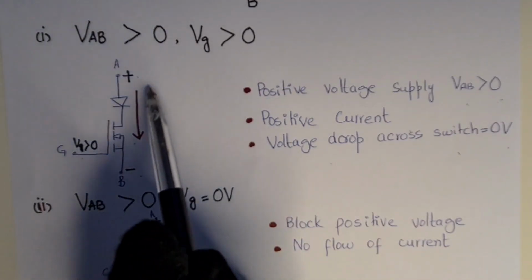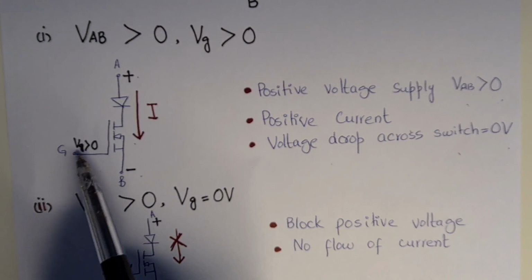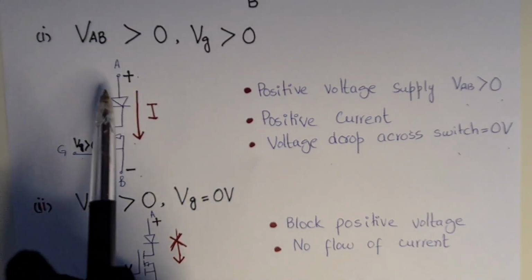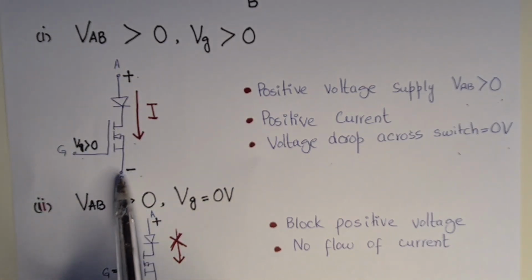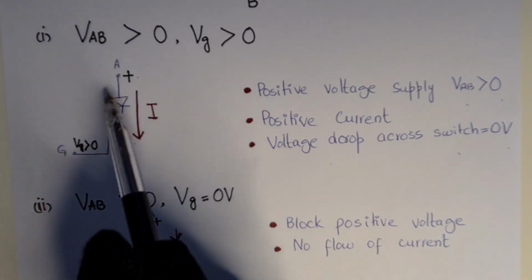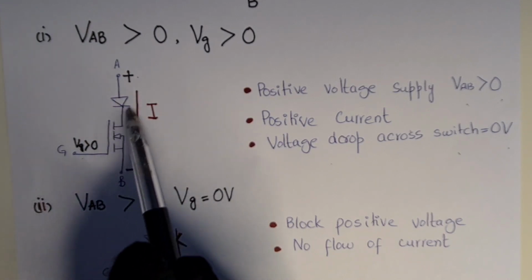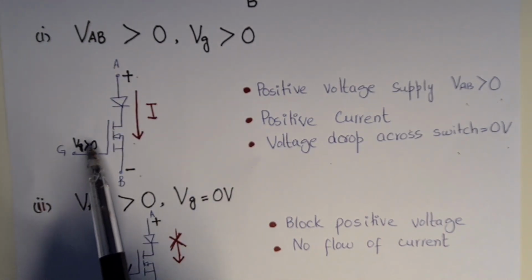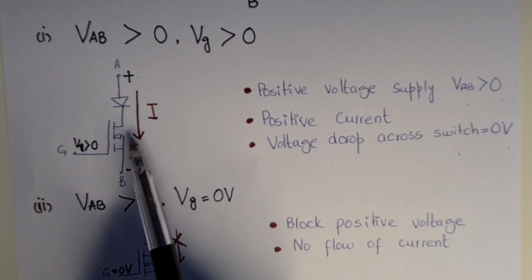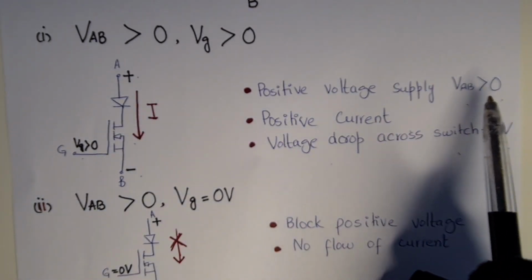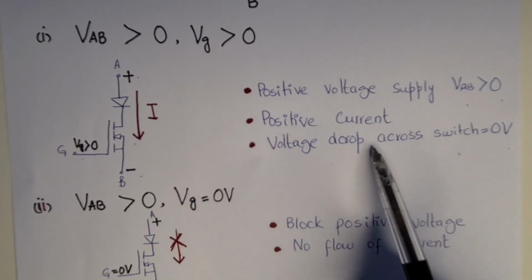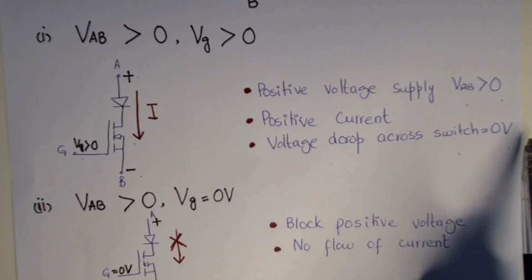When VAB is greater than 0 and VGE is greater than 0, I have taken the A terminal as positive and the B terminal as negative, and the gate voltage is greater than 0. The diode is forward biased and the gate voltage is also present, so a positive current will flow. Positive voltage supply, VAB greater than 0, positive flow of current, voltage drop across the switch is equal to 0 volts.